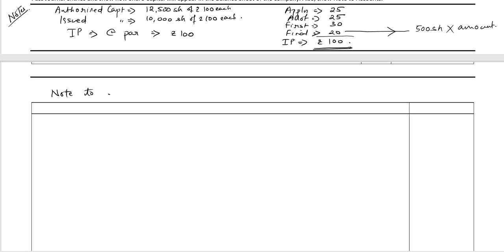Note to accounts. We have particulars and a rupee column. The first note is for share capital. Authorized capital.